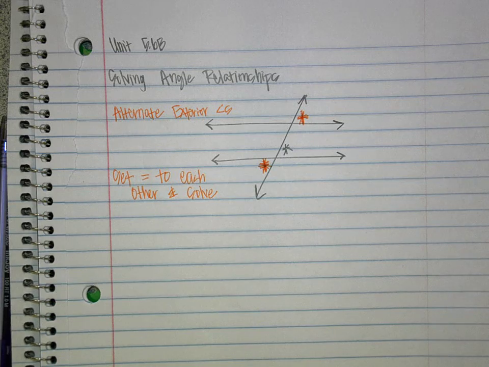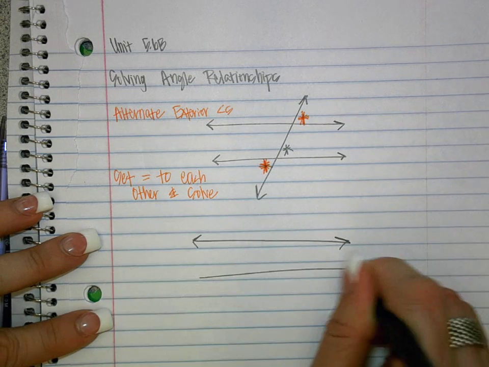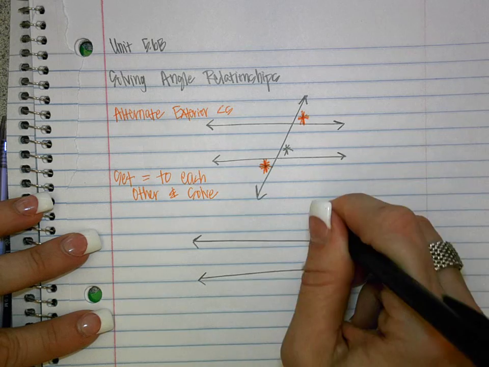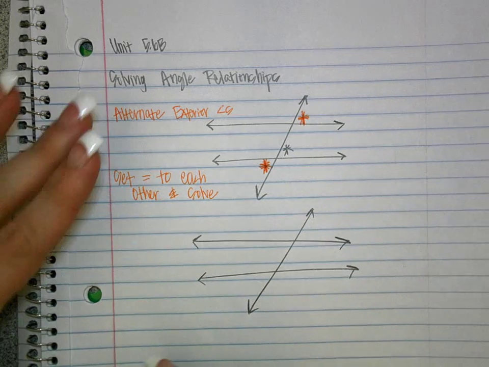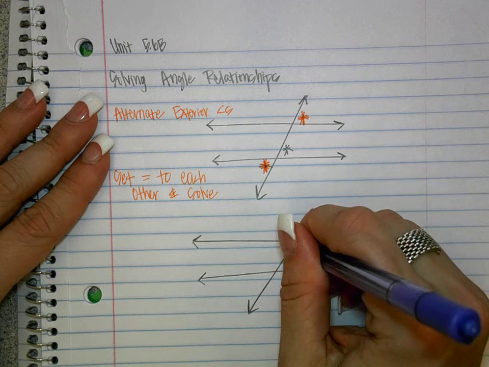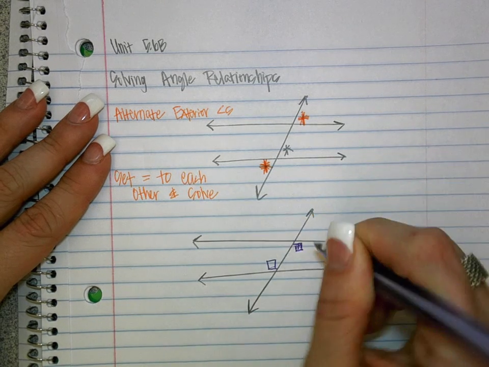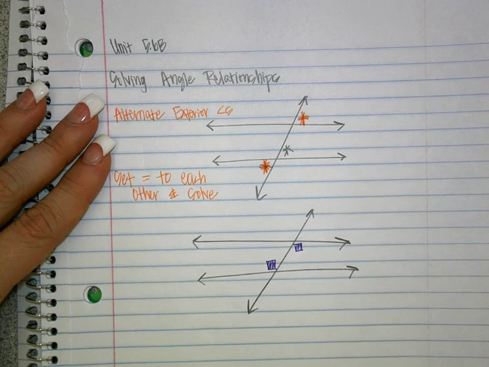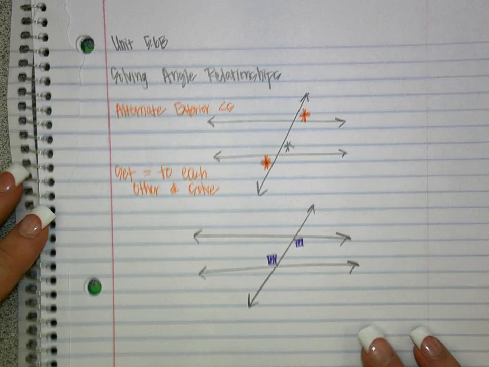The other type of relationship is, again, if we have two parallel lines. Those are supposed to be parallel, sorry, they're a little wonky. And I tell you for this one that it is this angle and this angle. How would you label that kind of relationship?